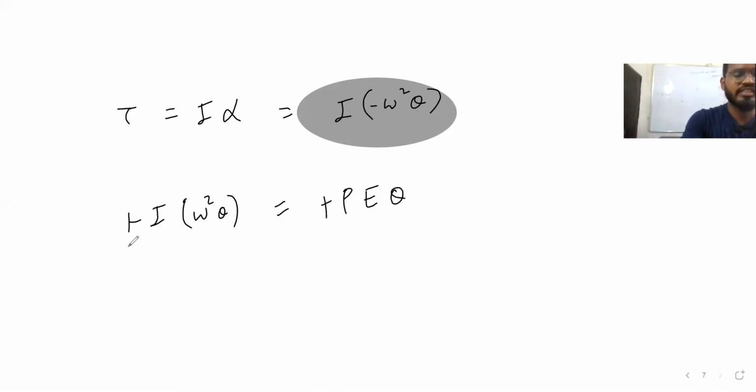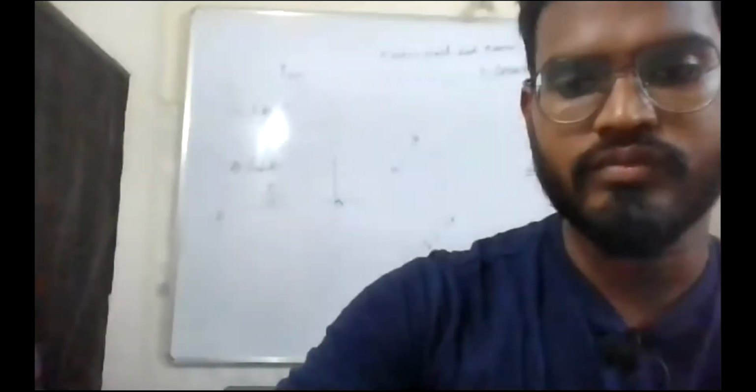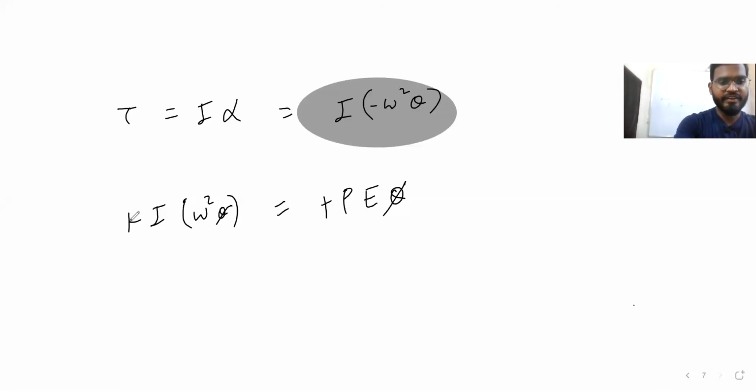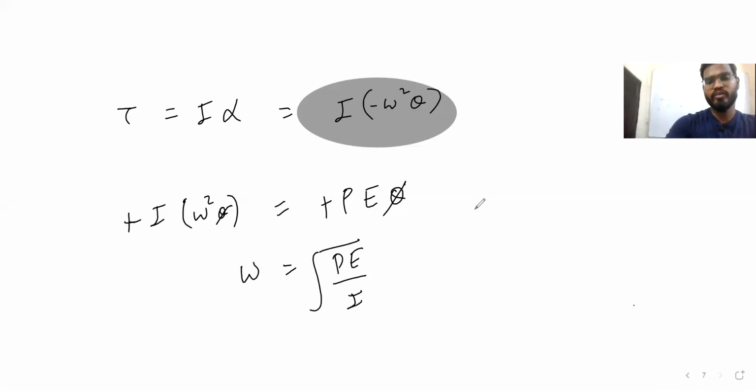So theta cancels out. Then omega is root under PE by I. But we want to find the time period, so time period is 2 pi by omega.